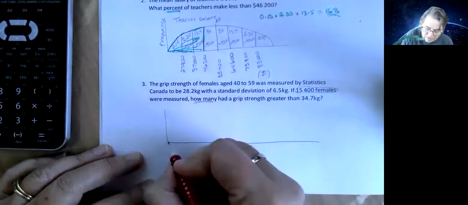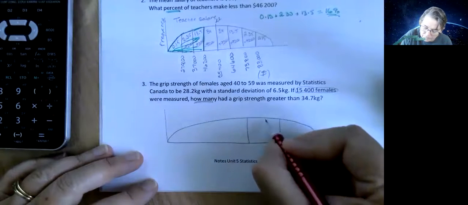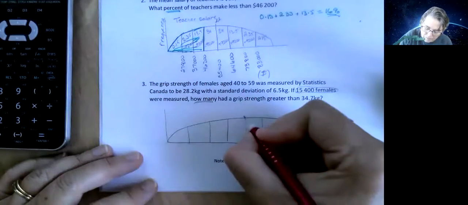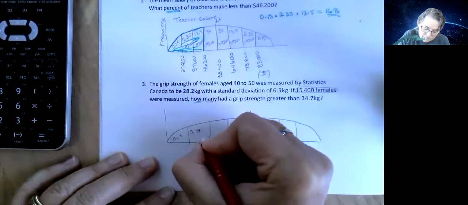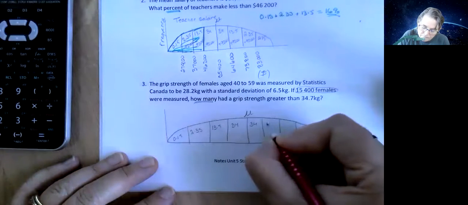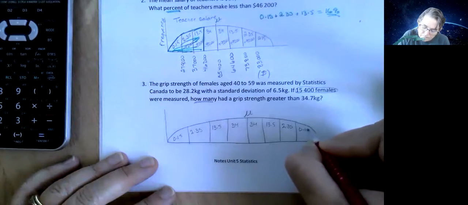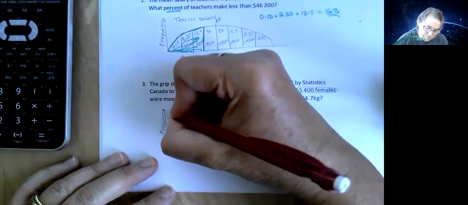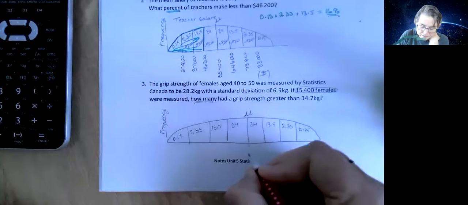All right, time for my graph. And there's my mu, there's my middle. All right, let's put some numbers in. 28.2.